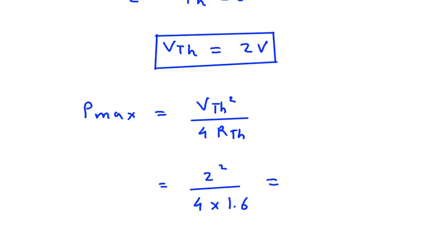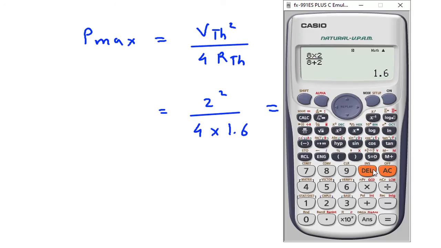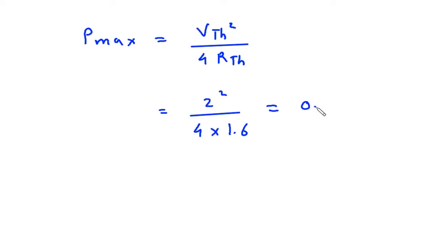So 2 square is 4, divided by 4 into 1.6. So this is 0.625. The unit of power is watt. So therefore Pmax is equal to 0.625 watt.